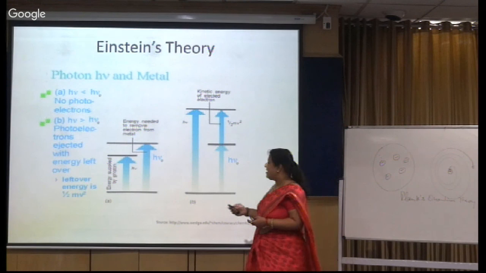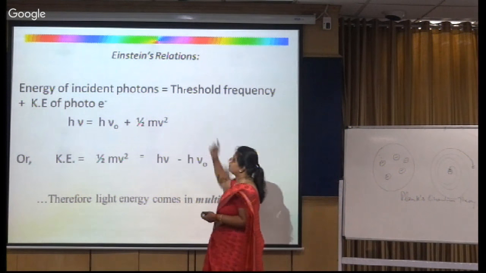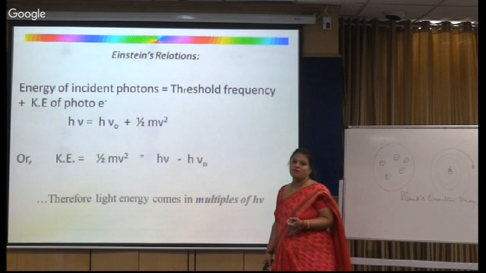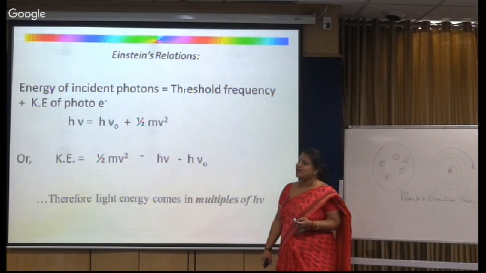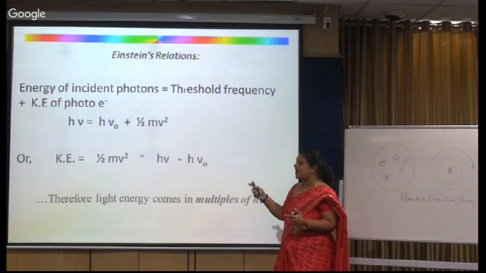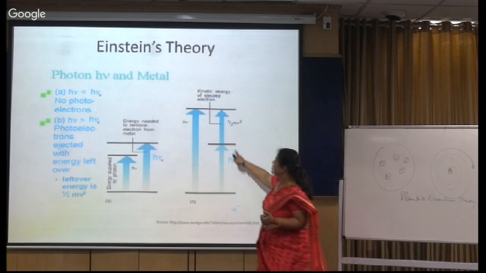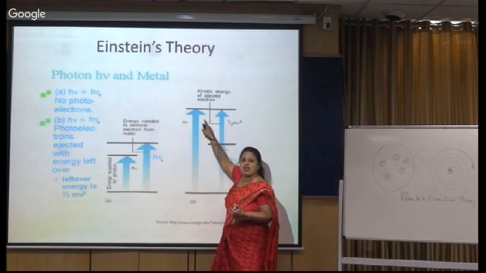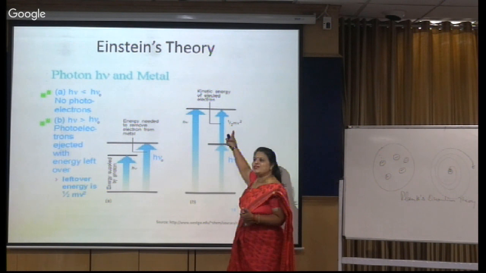And hence, he gave the relationship that the energy of the incident photon is equal to the threshold energy plus the kinetic energy of the photoelectron. That is, h nu is equal to h nu naught plus half m v squared. Here also you can see h nu is equal to h nu naught plus half m v squared. Okay.